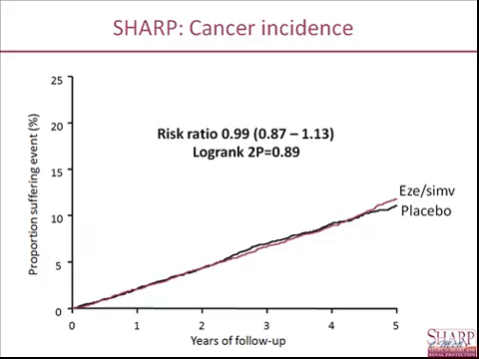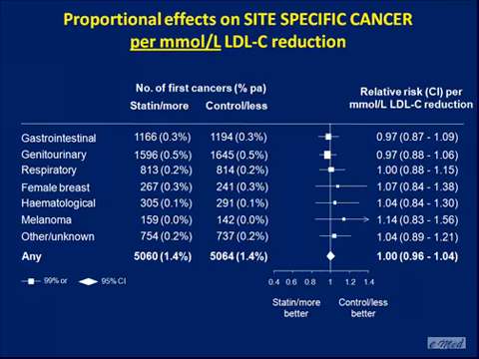As we know, during the last 3 to 5 years, there were several important questions related to cancer. And here I think the Oxford group did a nice job, because they looked at cancer incidence and also the different types of cancer, and there was no difference between the ezetimibe-simvastatin combination and the placebo.